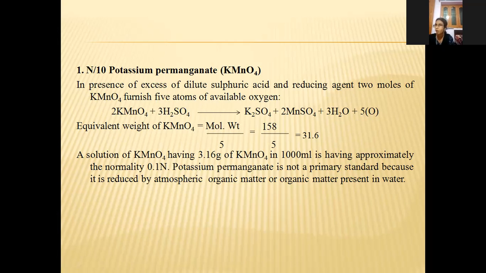So we have to calculate the equivalent weight of potassium permanganate, using the molecular weight divided by 5, since 5 oxygen atoms are eliminated. The molecular weight of potassium permanganate is 158 grams, divided by 5, gives 31.6 for 1 normality, but we want 0.1 normality.